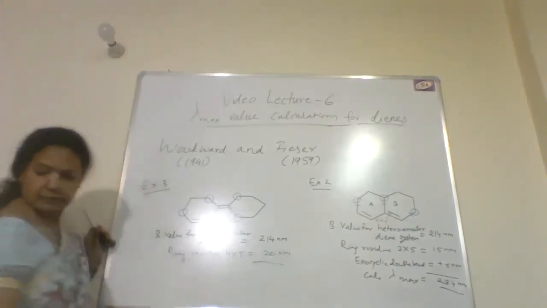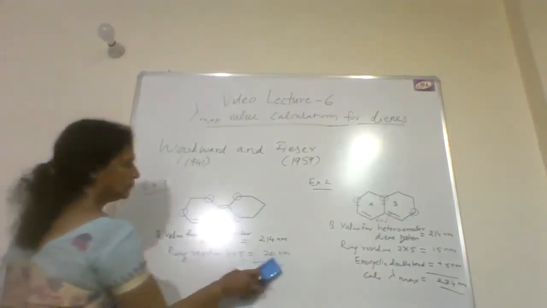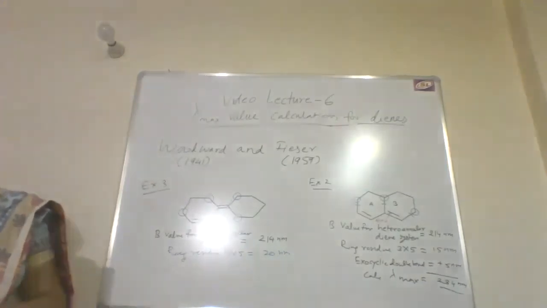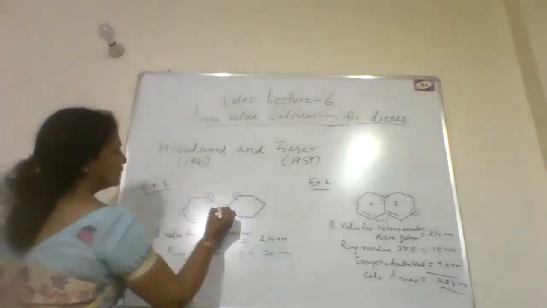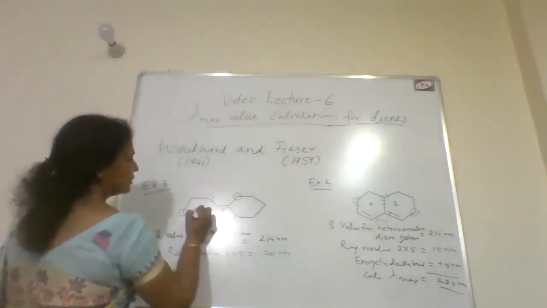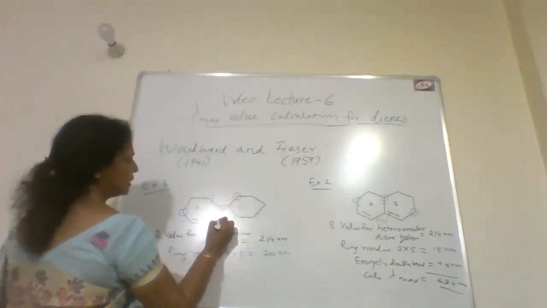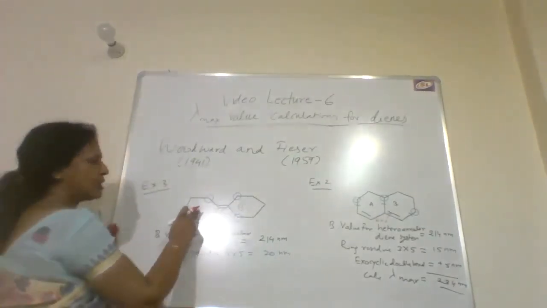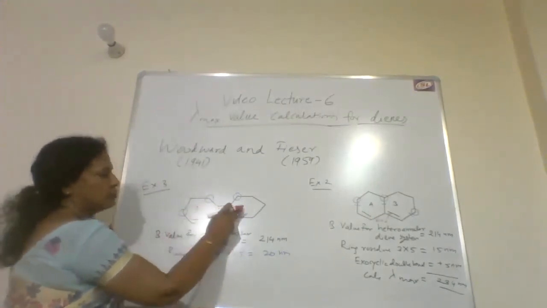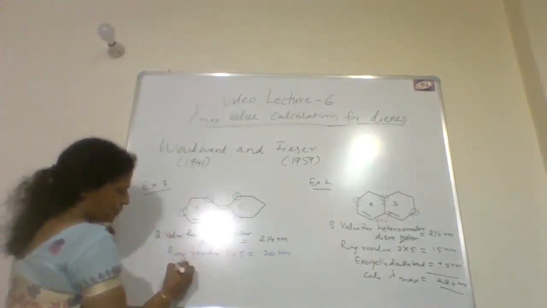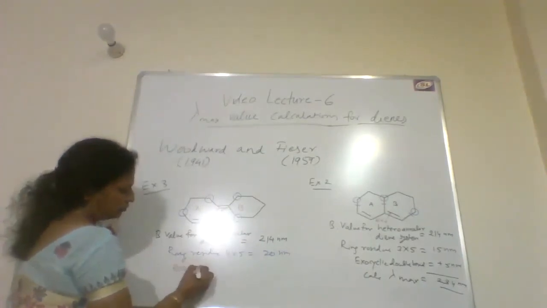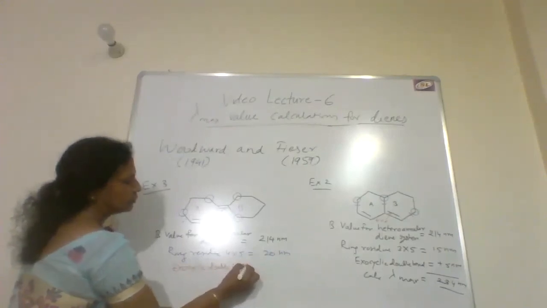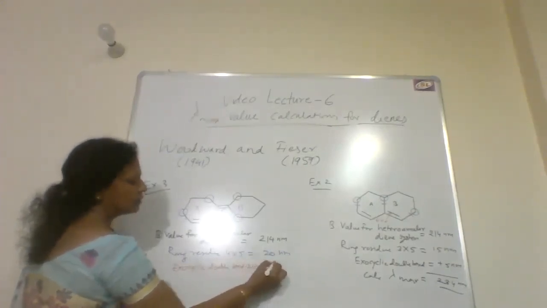One more thing, exocyclic double bond. This double bond between A and B is exocyclic for A and also for B. So 2 exocyclic double bonds, 2 multiplied by 5, 10 nanometers.